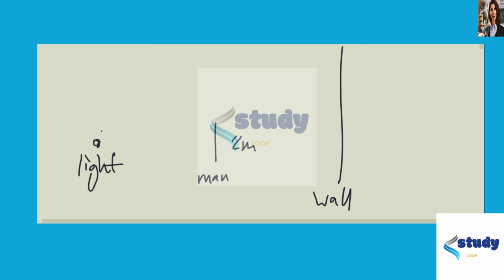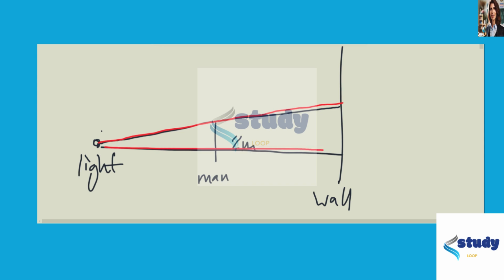Now the shadow is going to be as tall as this hypotenuse is on the back wall. We know that the total length from the light to the wall is 12 meters. The distance from the light to the man, let's call this x.